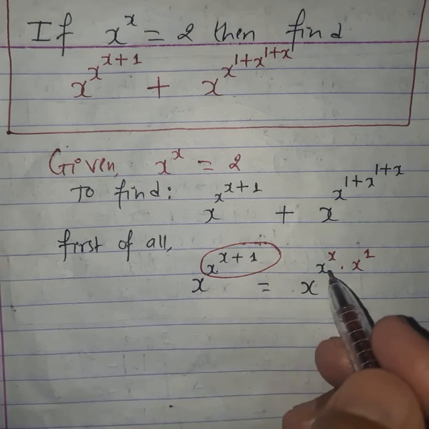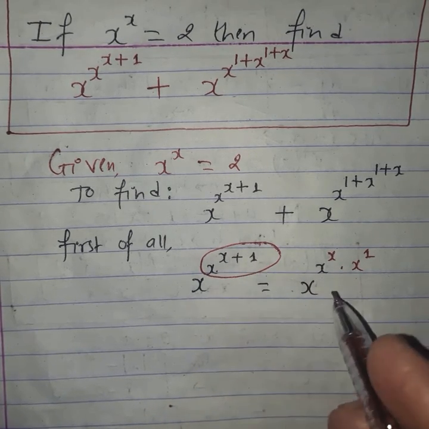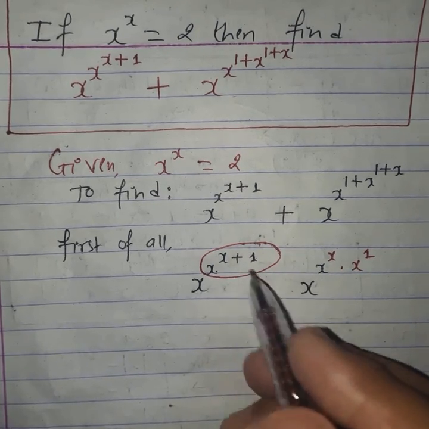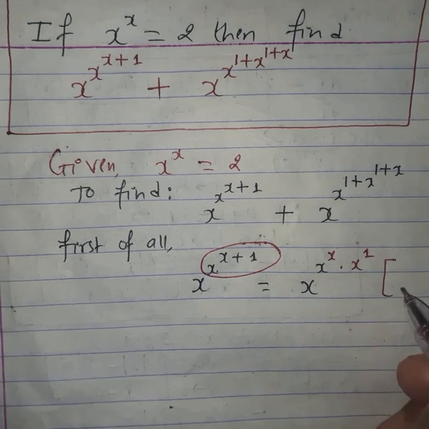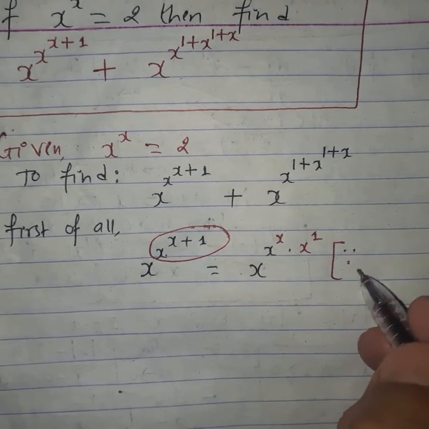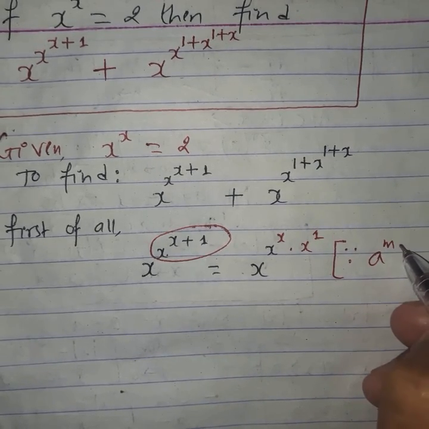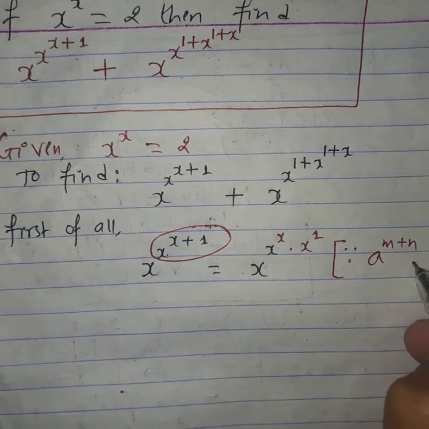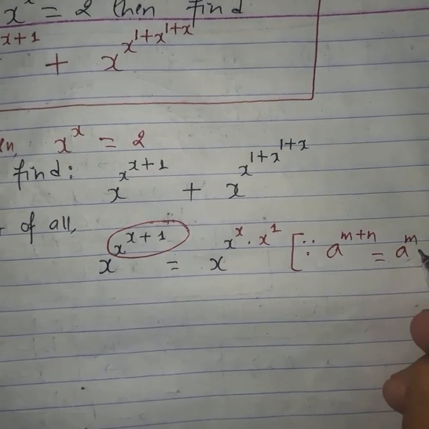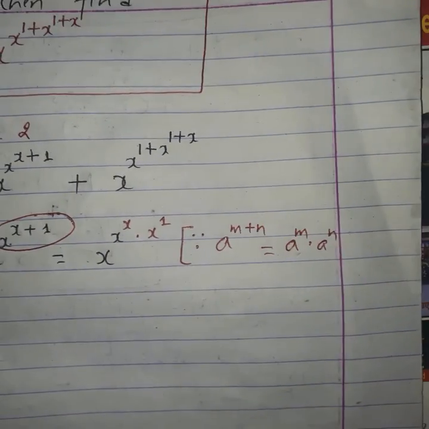Here in this step we just use the laws of the exponents. Let me write the reason here. We just use the concept that if a to the power of m plus n, then this is the same as a to the power of m times a to the power of n. This is by the laws of the indices.